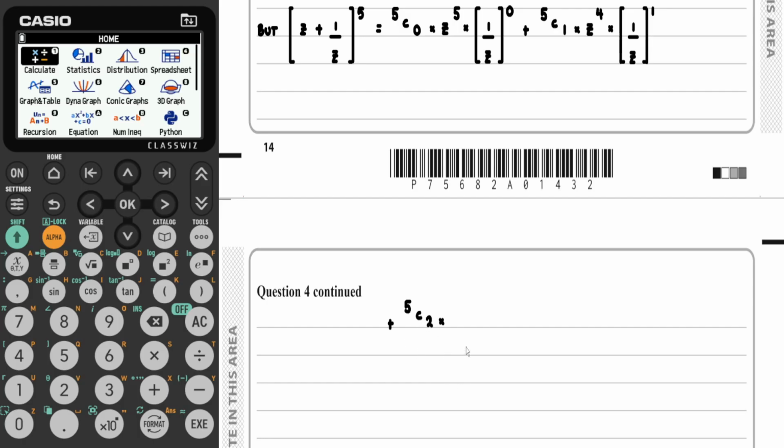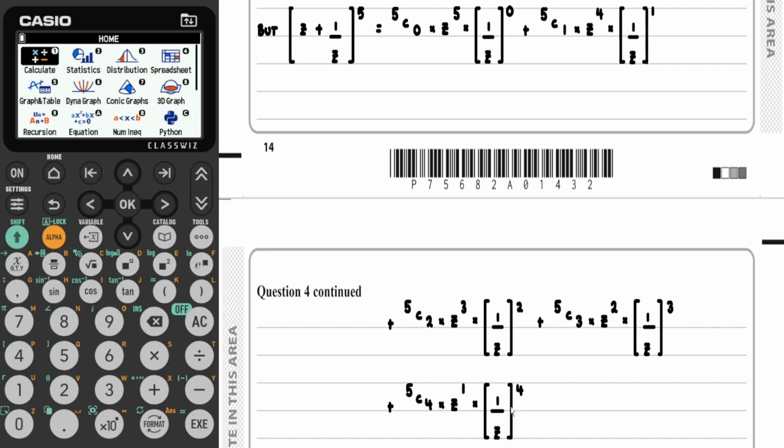Then we have 5 choose 2 times z to the 3 times 1 over z squared plus 5 choose 3 times z squared times 1 over z cubed plus 5 choose 4 times z to the 1 times 1 over z to the 4 plus 5 choose 5 times z to the 0 times 1 over z to the 5.